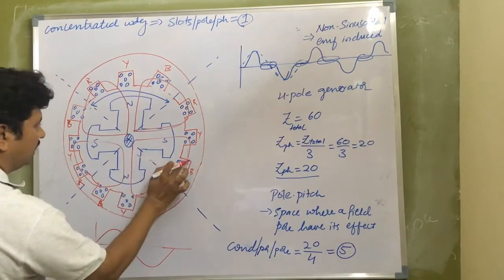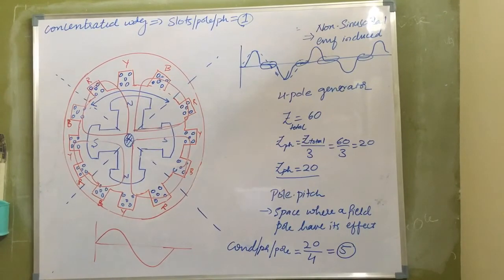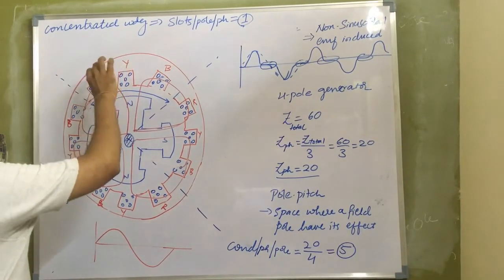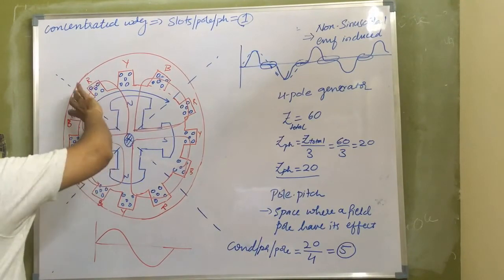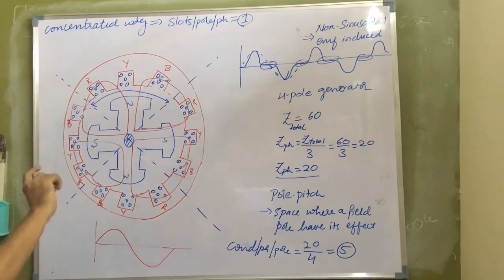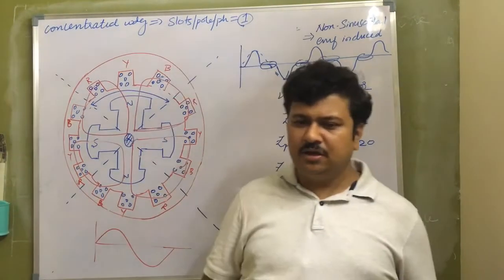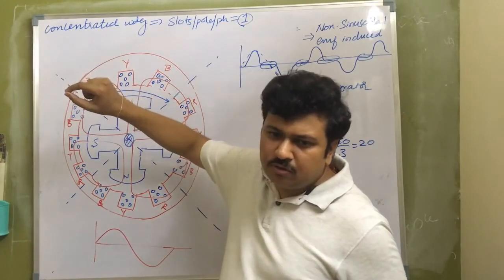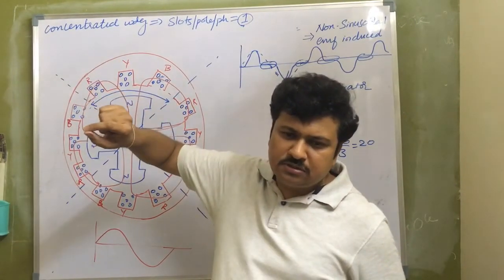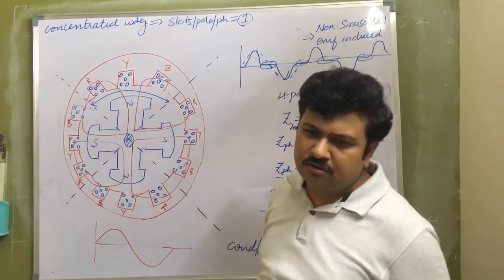So all 5 conductors per slot are cutting the flux simultaneously. When the flux created by this north and south pole combination sweeps this slot of R phase, all the 5 conductors cut the flux simultaneously. Therefore, the total EMF induced in this slot is equal to the EMF induced in each conductor multiplied by the number of conductors in that slot.